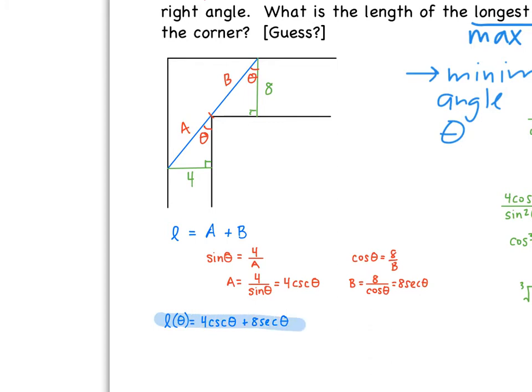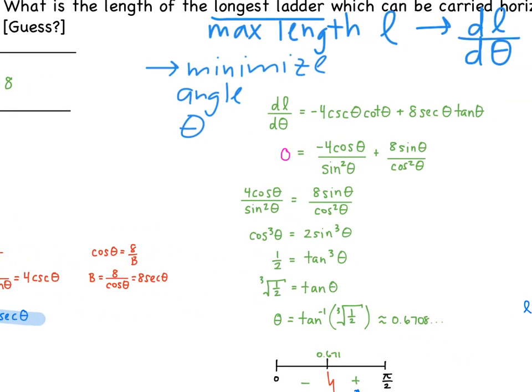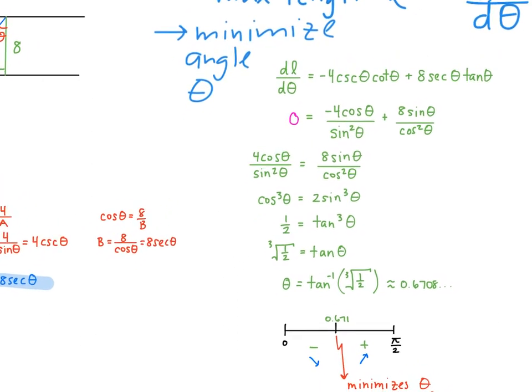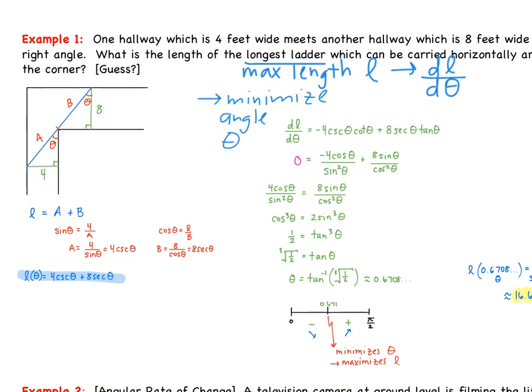So now we're ready to go ahead and find the derivative. So let's move back over here to that work. So we're going to take the derivative, all right? I'm going to show you everything all together. The derivative of cosecant, and we have 4 cosecant, is going to be negative cosecant cotangent. So we really have negative 4 cosecant cotangent. The derivative of secant of theta is secant tangent, so we have 8 secant tangent.